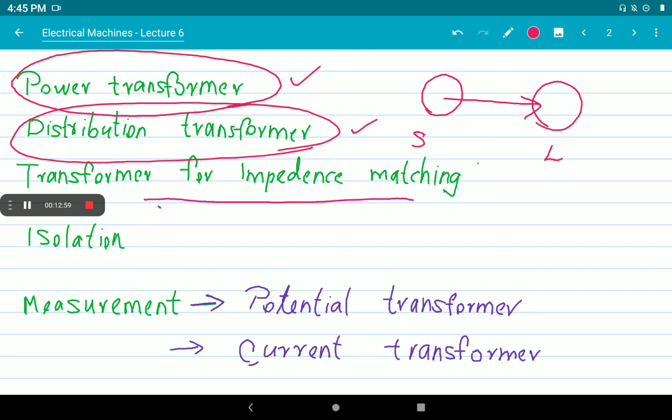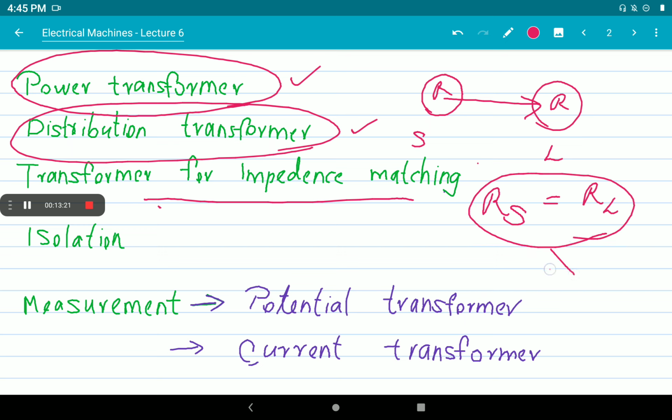There will be some resistance on the source side and some resistance on the load side. One theorem is there, the maximum power transfer theorem. It states that the resistance or impedance of the source should be equal to the internal resistance of the load, then the source can transfer maximum power.